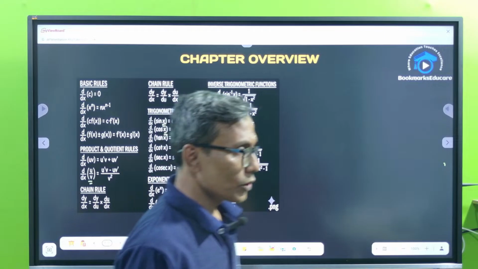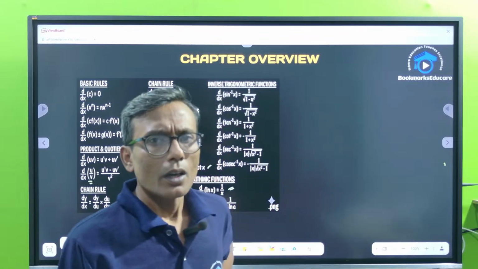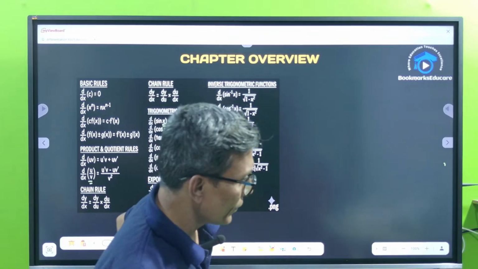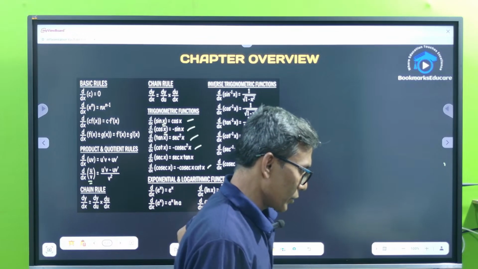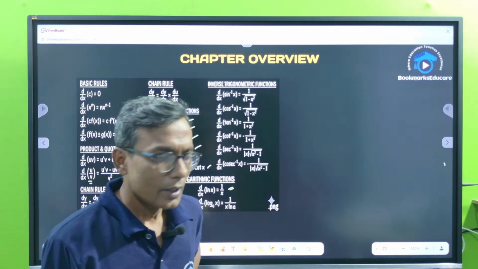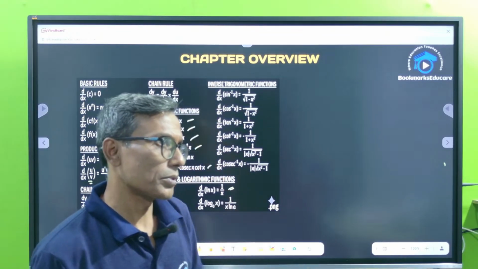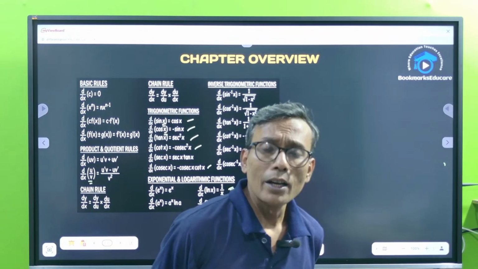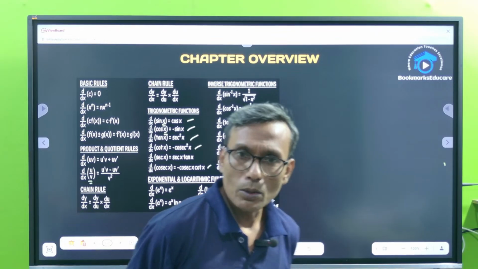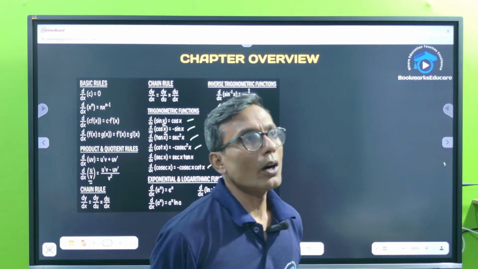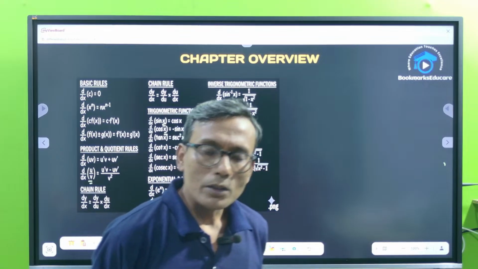The first order derivative is used to find the slope in mathematics. In physics we use it to find speed.